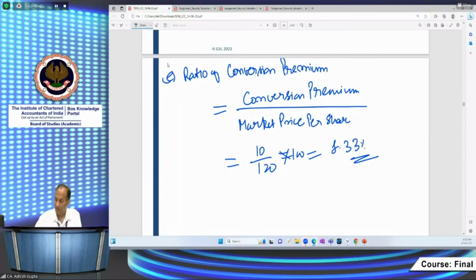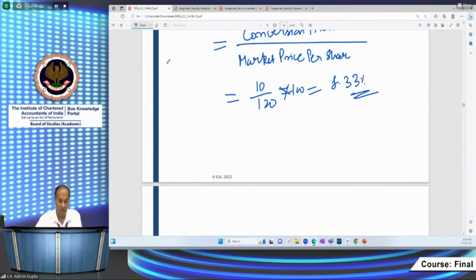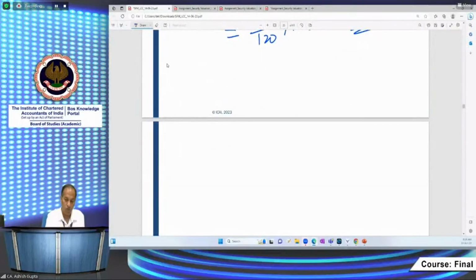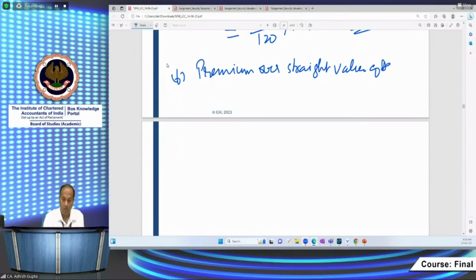Now next is premium over straight value. Now student, because we are paying premium over the straight value, meaning our discounted value of the bond.